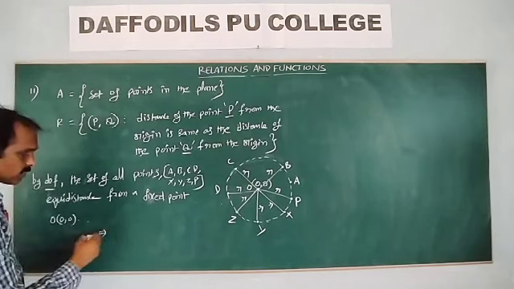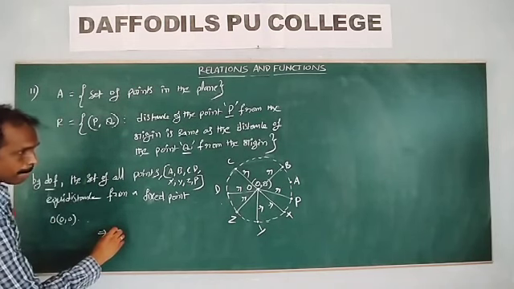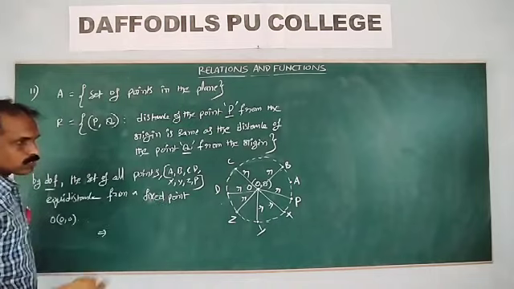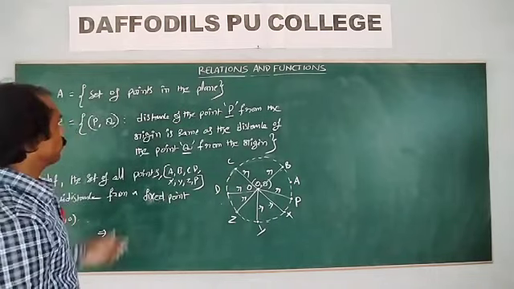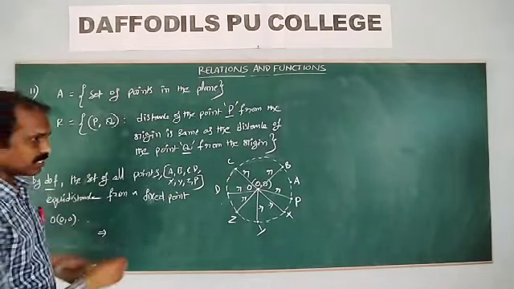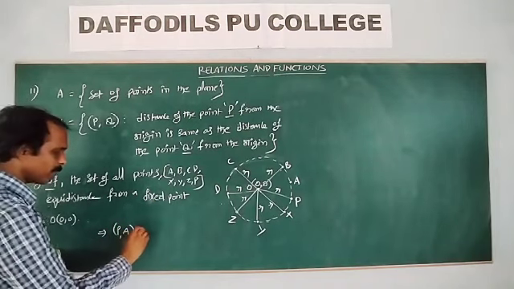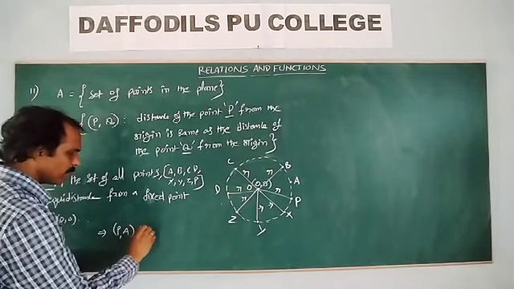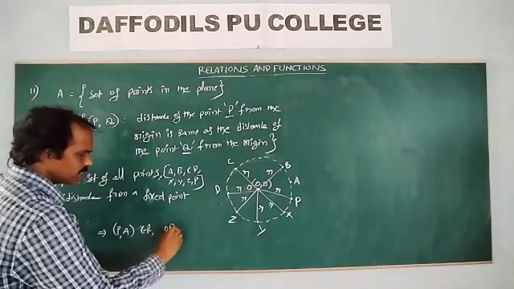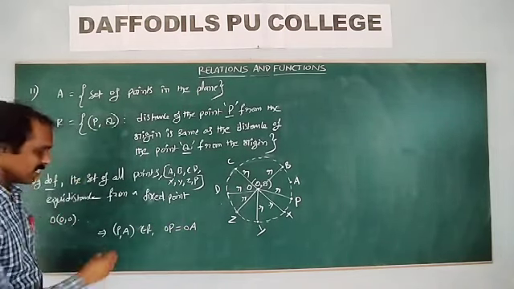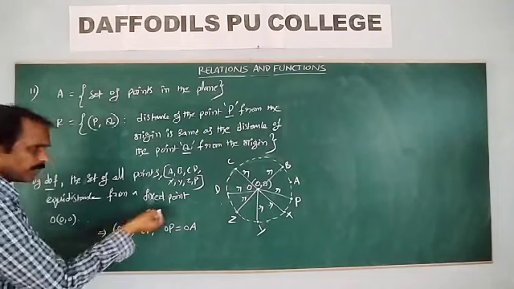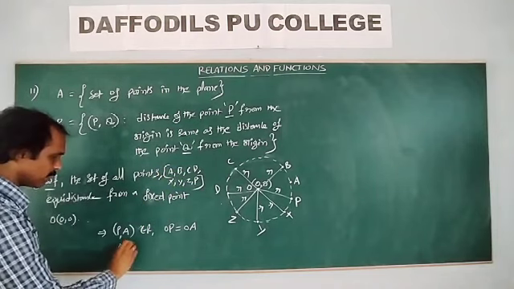That implies what is the meaning? Suppose, for example, what is this relation? Satisfy the relation. Take example PA. PA means, what is PA? PA belongs to R means OP is equal to OA. Next term, with P or A, no problem.